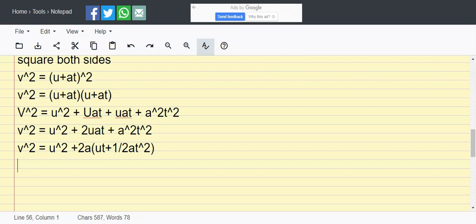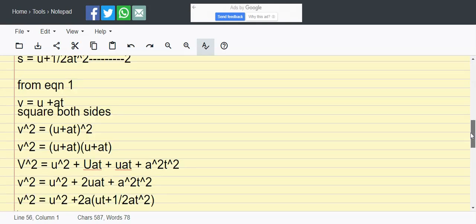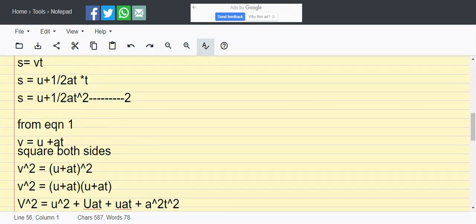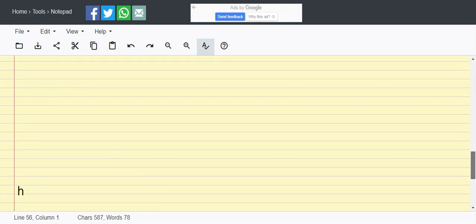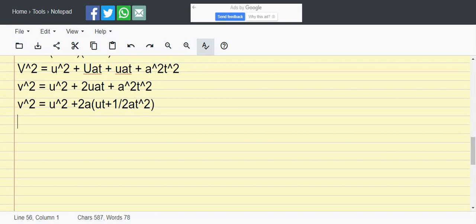If you look at this formula, you will see that this is the formula for distance when we got distance for equation 2, that is ut plus one over 2 at squared. So we're going to substitute this as s, the distance. So therefore v raised to power 2 equals u raised to power 2 plus 2as. This is our equation 3.